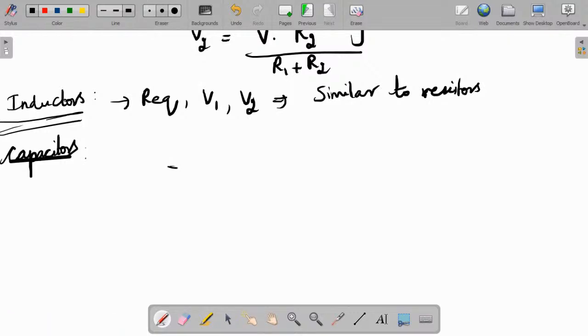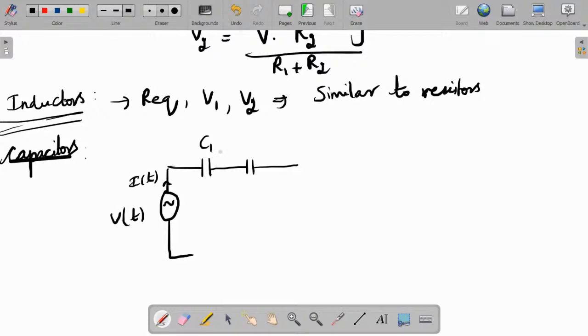So here you have two capacitors connected in series. Here we have V of t, I of t, C1, C2. Here the potential drop is V1 of t, and here the potential drop is V2 of t. Now what is C equivalent?